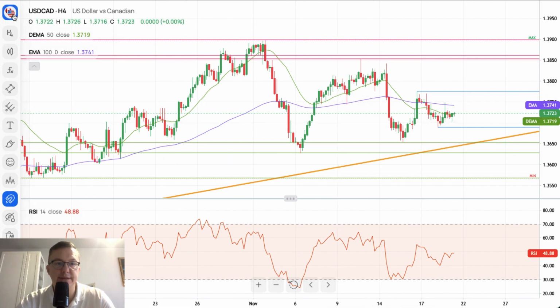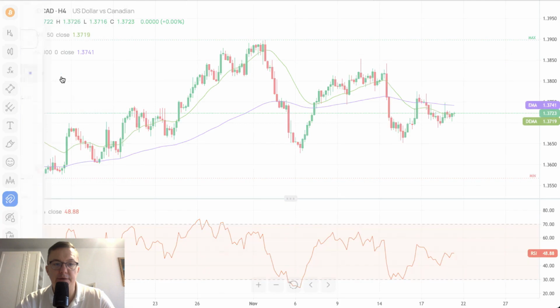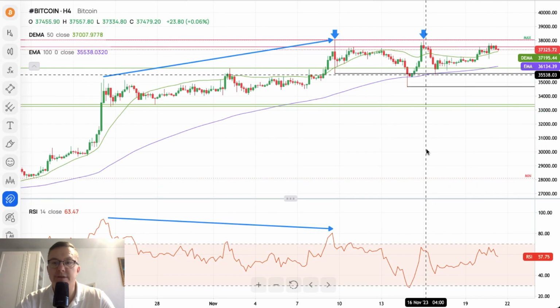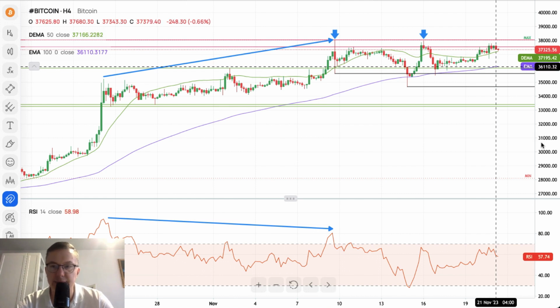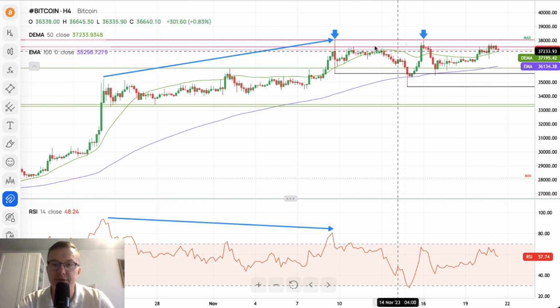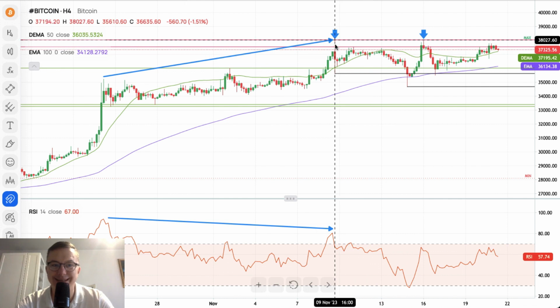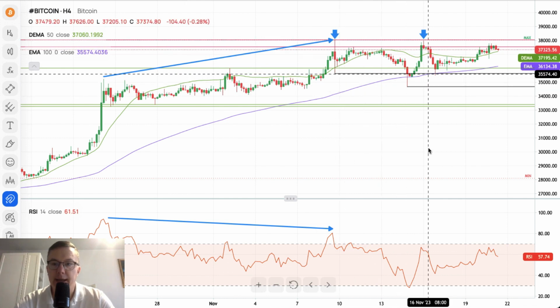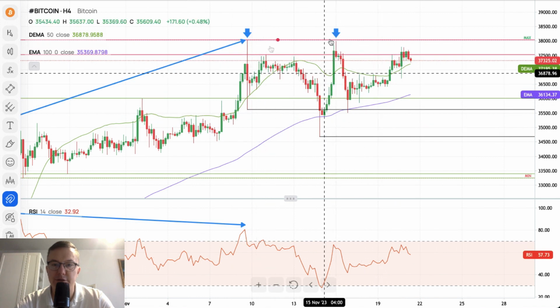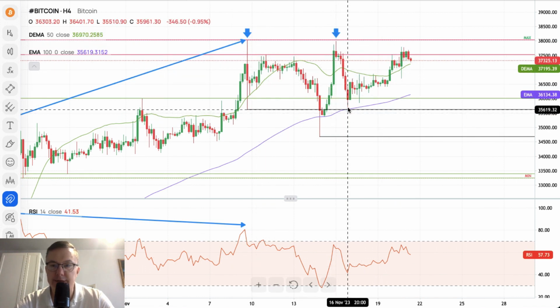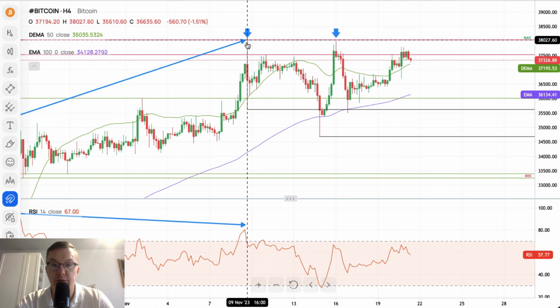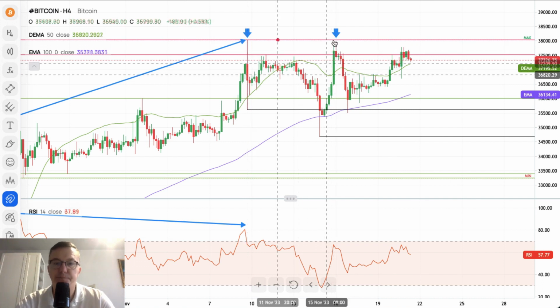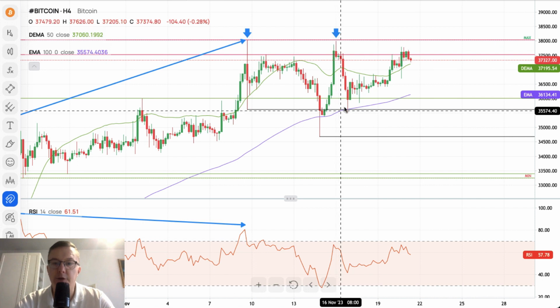And last but not least, let's take a look at Bitcoin, of course, because it's very interesting what Bitcoin is doing these days. As you can see, Bitcoin keeps hovering very, very close to the recent swing highs located at $38,000, and this range between the local technical support at 35,619 is getting very, very important, because we got a swing high, we got the first attempt to break above the swing high, and no new low was made.